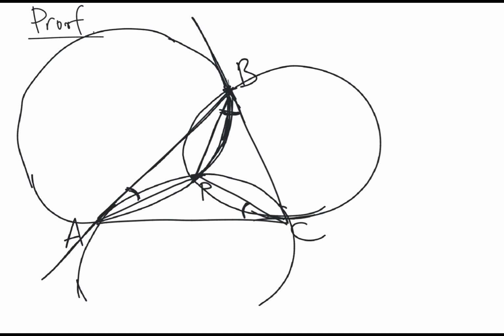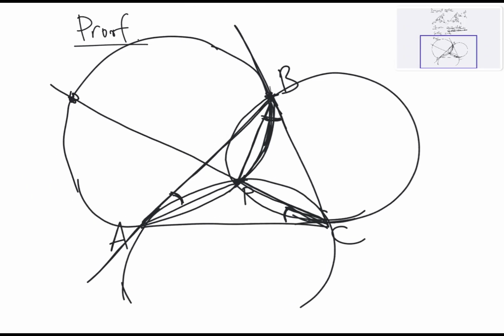Now what we do is we extend the segment CP to the second intersection with this circle. So we obtain this point, let's denote it K.